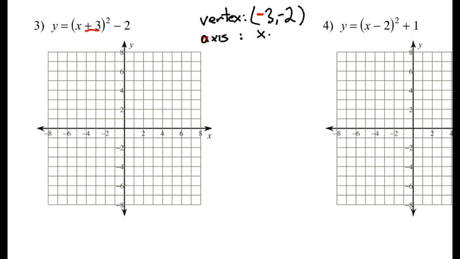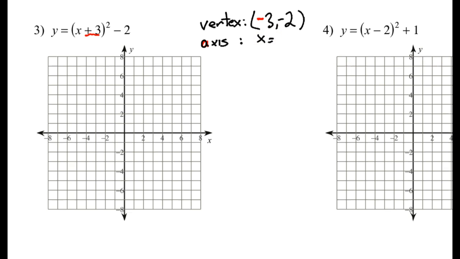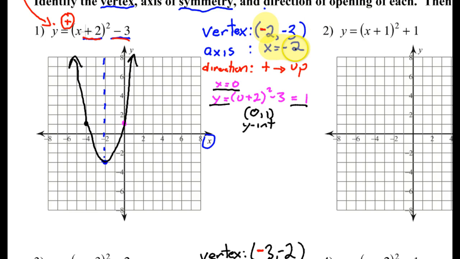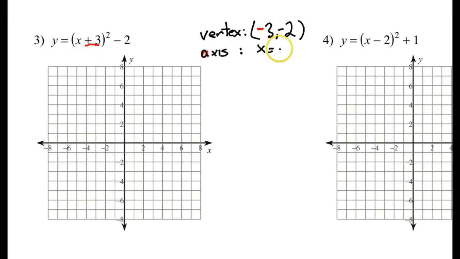X equals what? Yeah. So going back to your example, I said these two are always the same. It's like saying where's the middle of the graph? -3. So far I have -3, -2, and I know the middle of the graph, the axis, is right here.